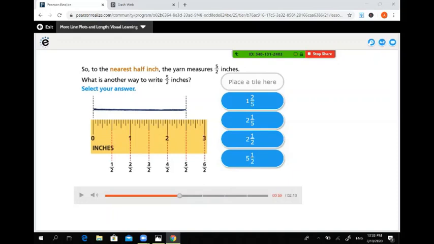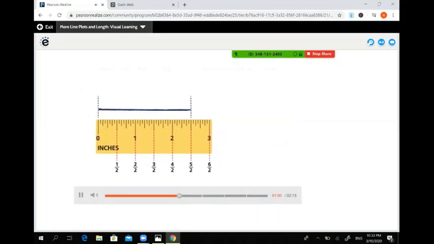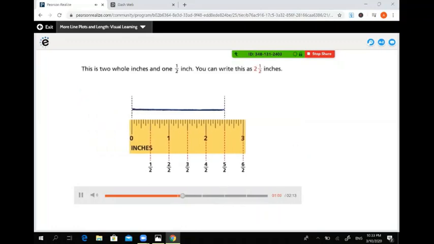Then between 2 and 3, we have 5/2, which is 2.5. It means 2 and 1/2. This is 2 whole inches and 1/2 inch. You can write this as 2 1/2 inches.